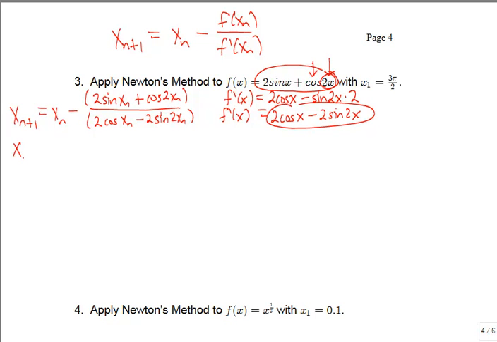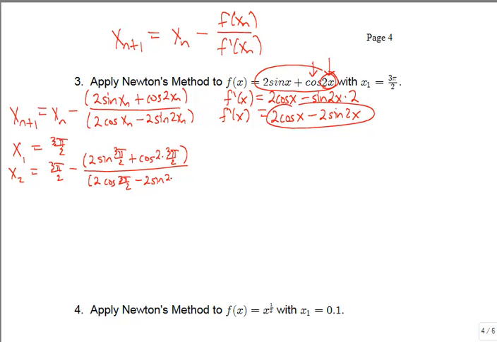And our first guess, x sub 1, is going to be 3 pi over 2. So x sub 2 would be 3 pi over 2 minus 2 sine of 3 pi over 2 plus cosine of 2 times 3 pi over 2, all over 2 cosine of 3 pi over 2 minus 2 sine of 2 times 3 pi over 2.